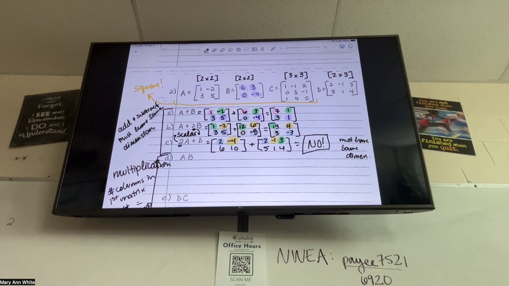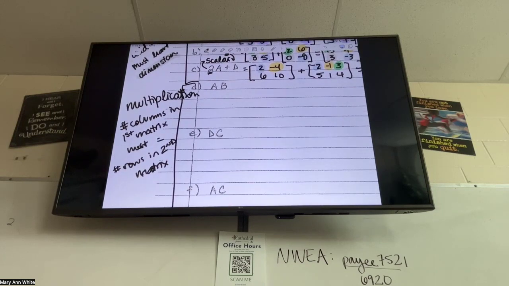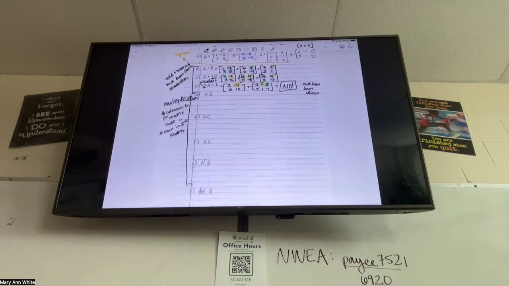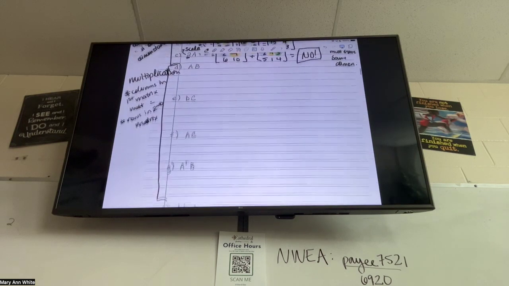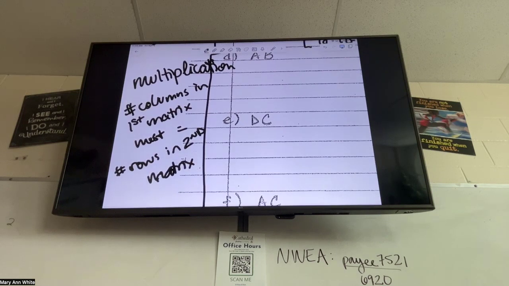Okay, today I'm going to teach you about multiplying. You guys have already learned this, but I want you to write this down. All of these problems, D, E, F, H are all multiplying problems. And so I want us to write this for multiplication. It's the number of columns in the first matrix that must equal the number of rows in the second matrix.